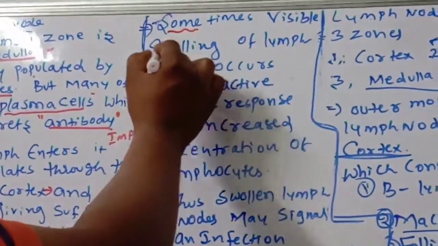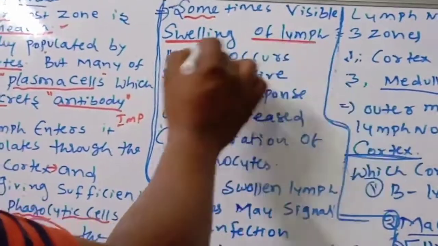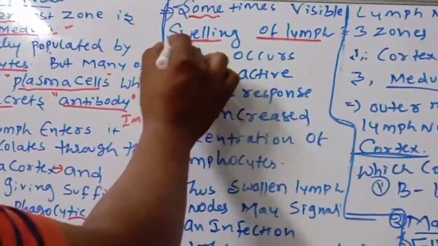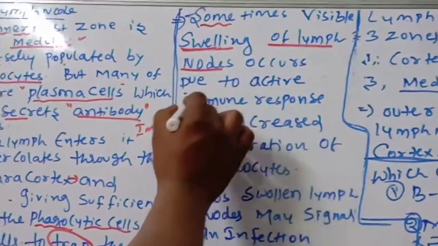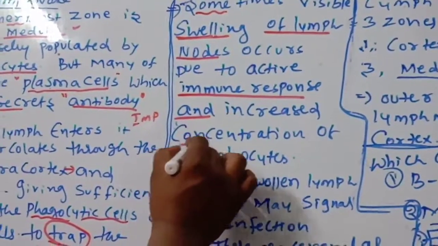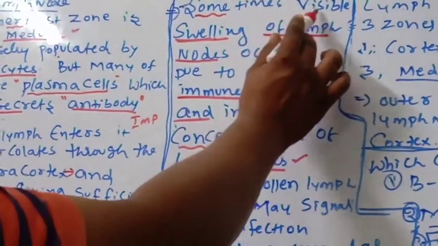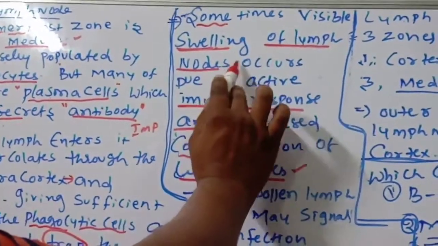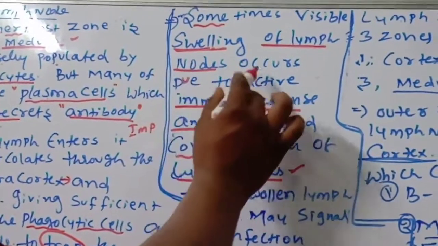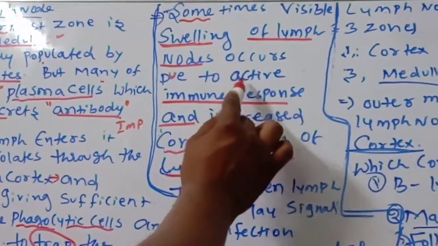Sometimes visible swelling is there in the lymph nodes. Why does swelling occur? Due to active immune response and increased concentration of lymphocytes.